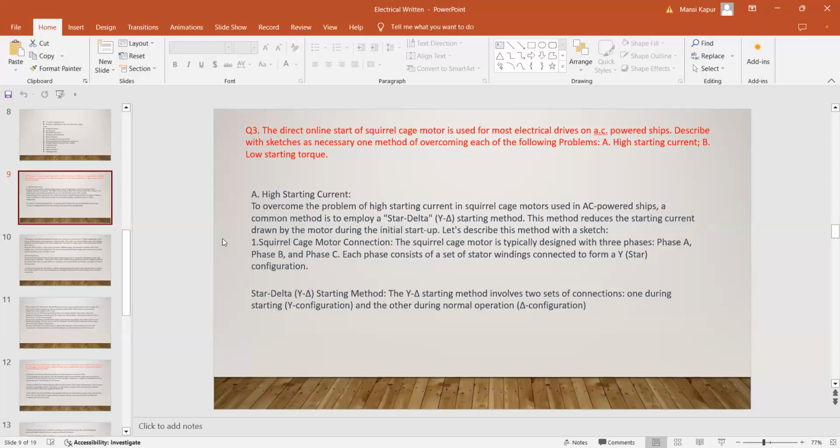So this is a question from your written exam last month. Direct online squirrel cage motor is used for most electrical drives on an AC power ship. Describe with a sketch one method of overcoming each of the following: high starting current and low starting torque. So what do you understand by the question?